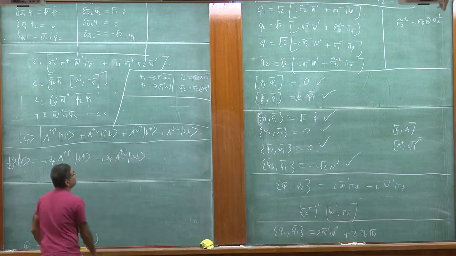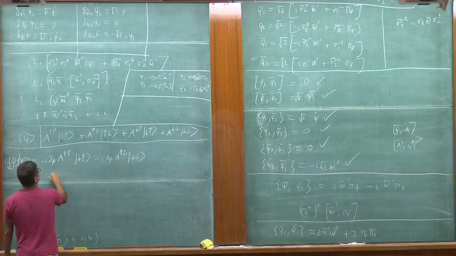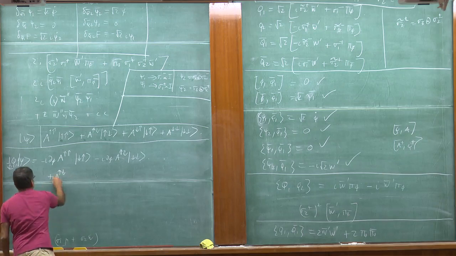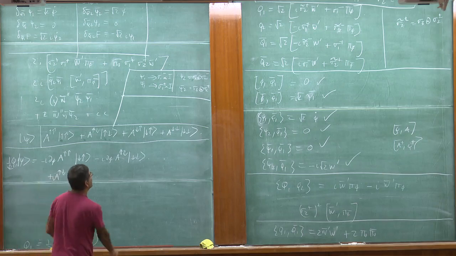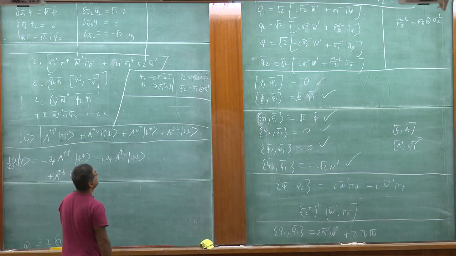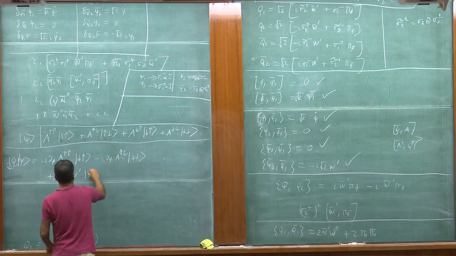So we will get this guy, plus A up, down, with an I, A up, down, and then W bar prime, and we will make this, that was plus, so it becomes up.